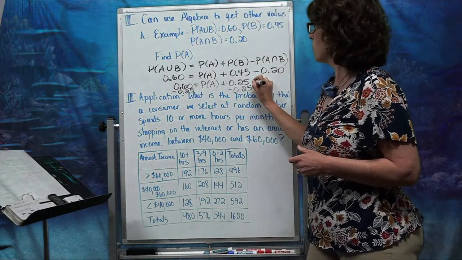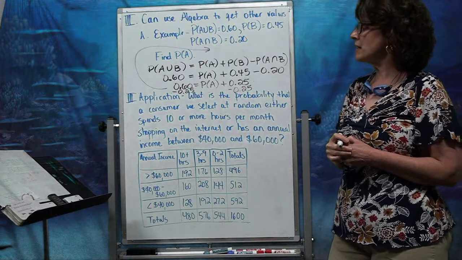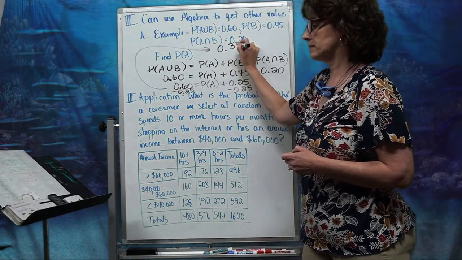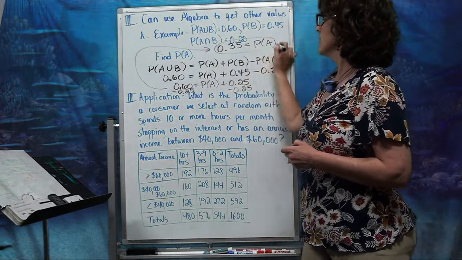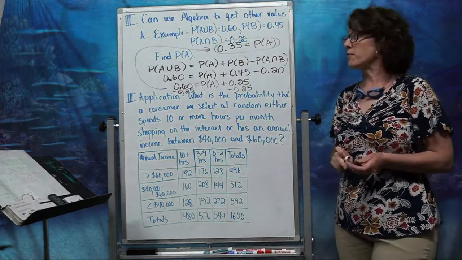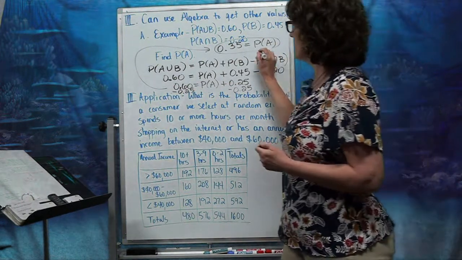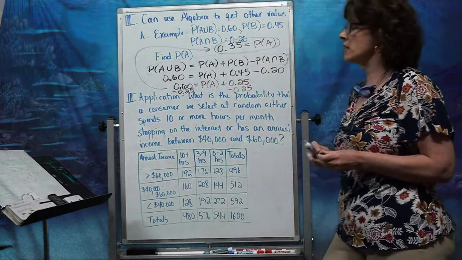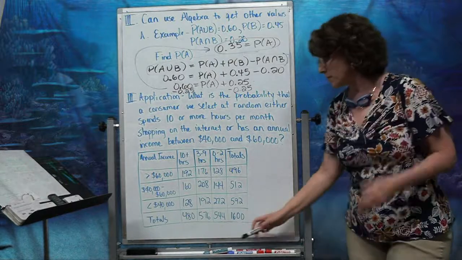And I know that 0.60 minus 0.25 is going to be 0.35. And so that will give me the probability of A. In other words, A will occur 35% of the time. So you can see, as long as you know this formula, which is a very handy formula, you can plug your numbers in and then you can just work that equation as needed using algebra rules.